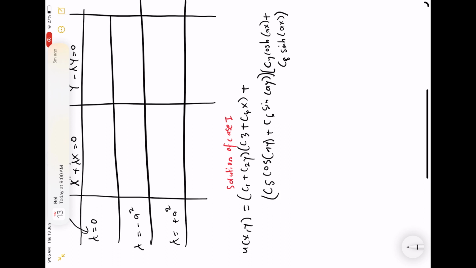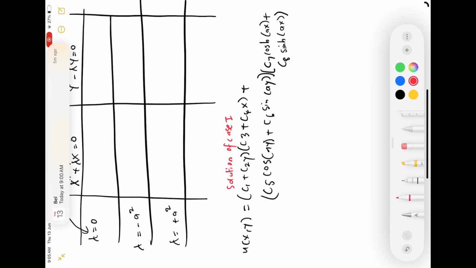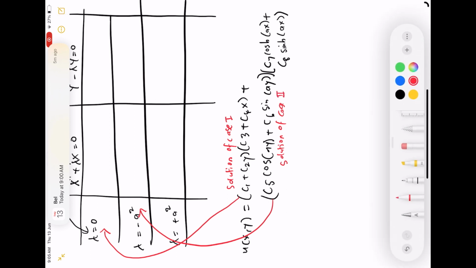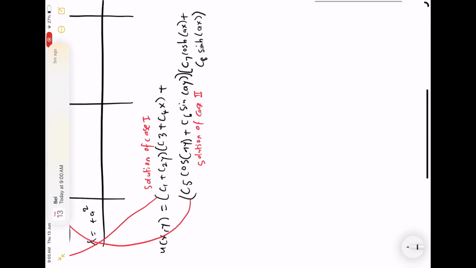So this is the solution for case number 2. So this is the solution for case number 1. This is the solution for case number 2. And then you have the solution for case number 3.